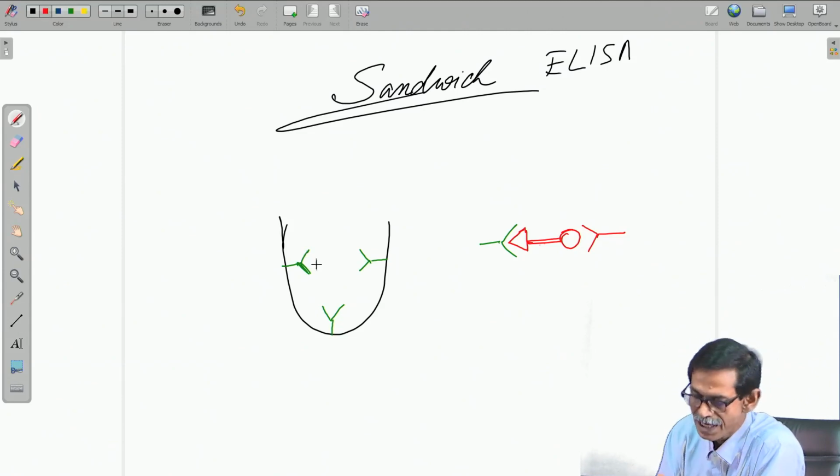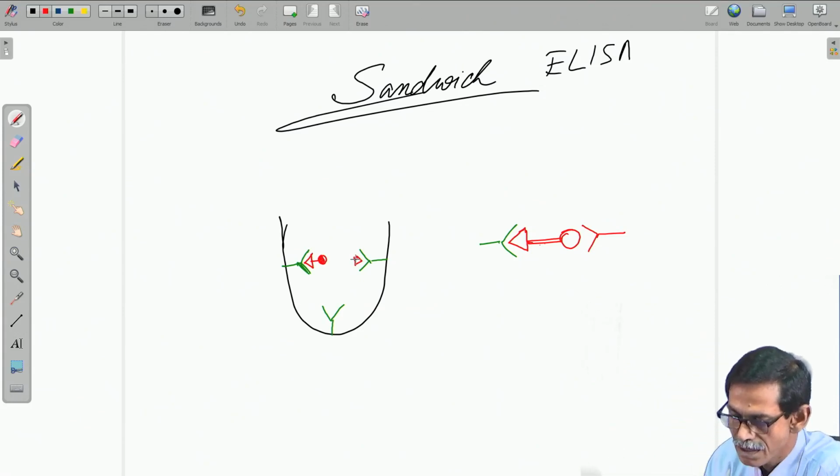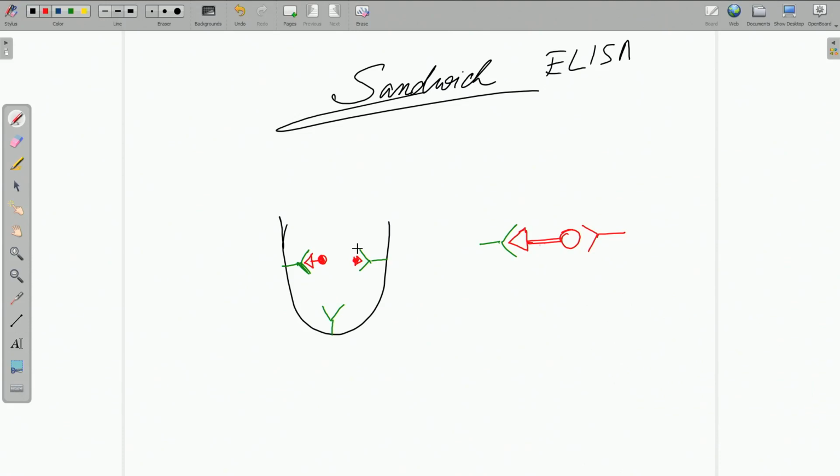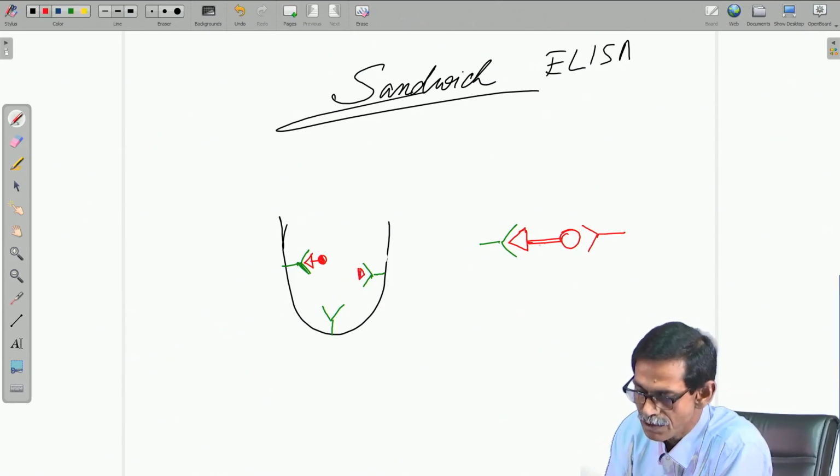As soon as you add antigen, it will bind like this.